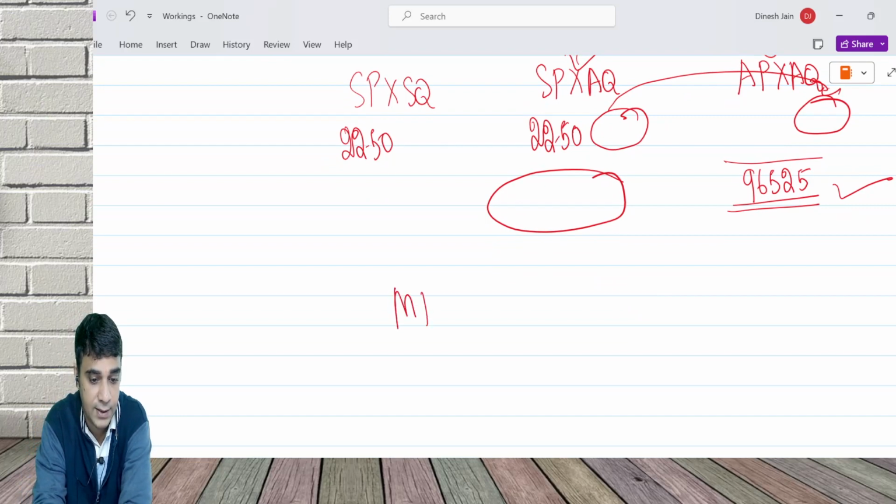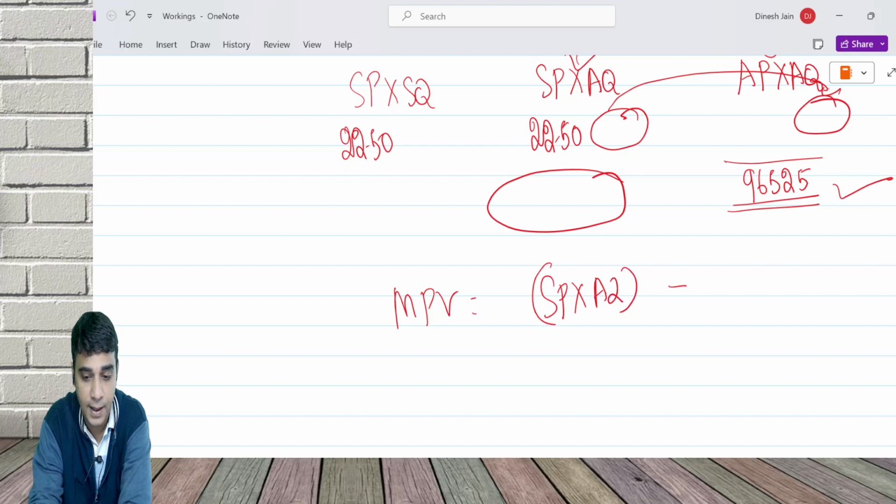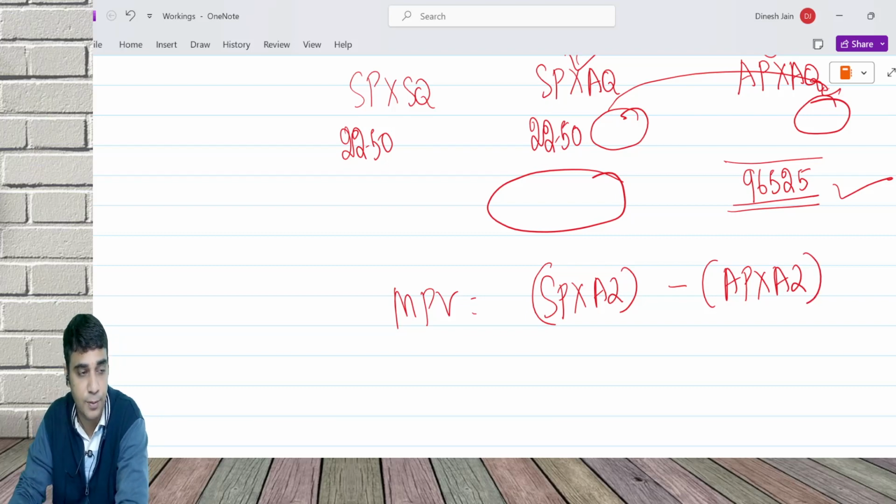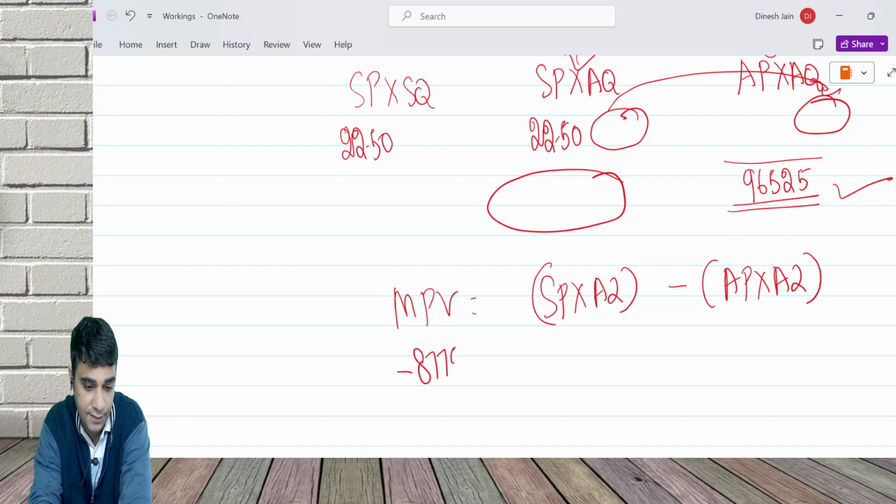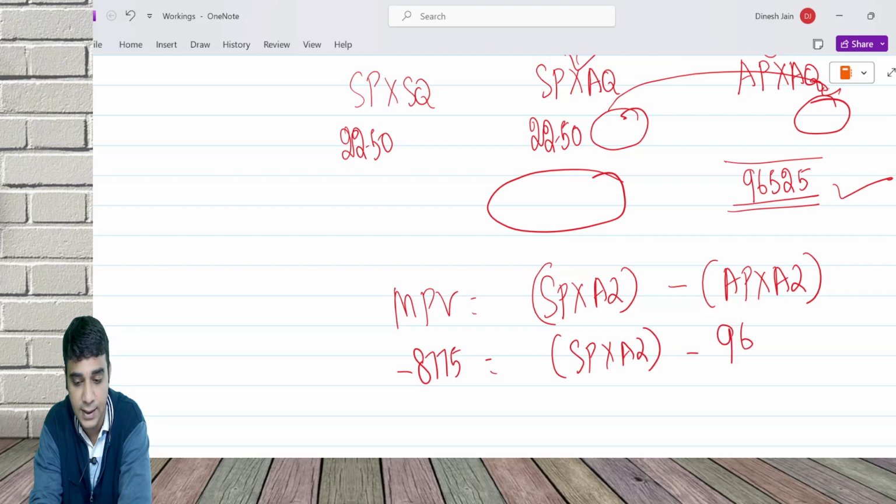Material price variance is equal to SP into AQ minus AP into AQ. SP into AQ minus AP into AQ. How much is the price variance given in the question? Okay, minus 8,775. Let me write it as SP into AQ itself. I can substitute if I want, but let me write it this way itself, minus 96,525.